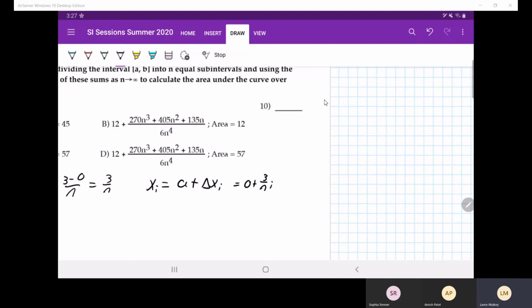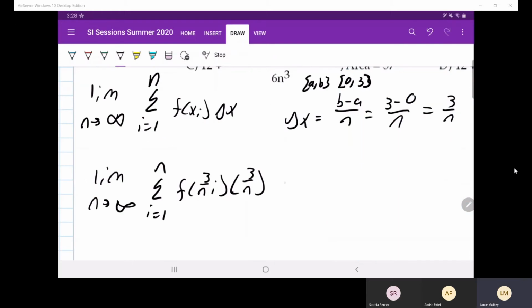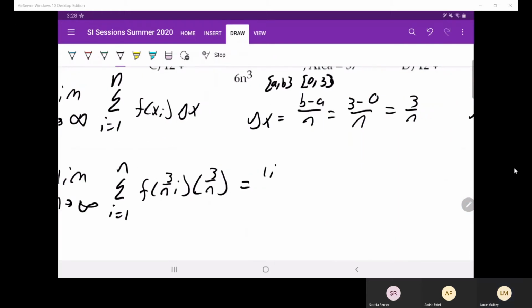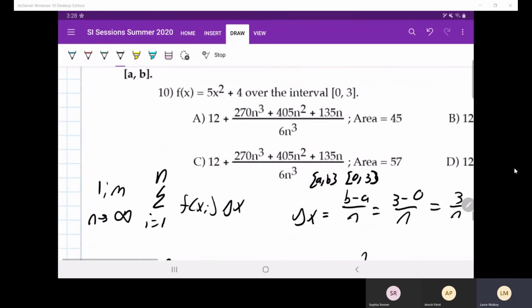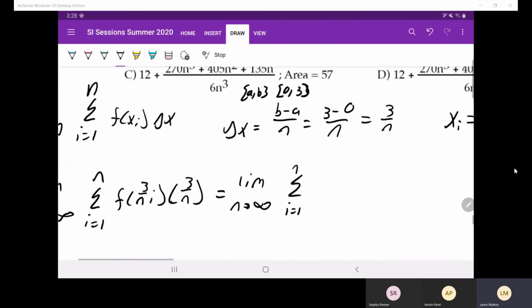Okay. Now you come down here, 3 over n i times, and this is not delta xi, this is delta x. That's where I messed up. Times delta x, which is 3 over n. You just plug it in. So this equals f of x, and everywhere you see an x, you plug in 3 over n i.